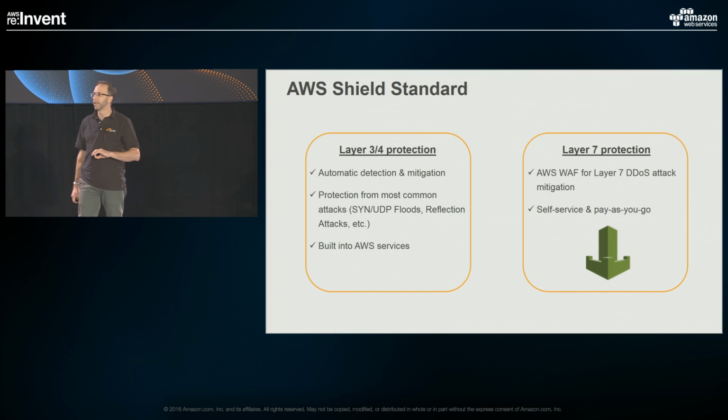And it's built into the AWS services that you already use. Now, if you feel that the basic protection is sufficient for your application and your needs, but you also want layer 7 or application protection, you can subscribe to AWS WAF separately. It's a pay-as-you-go service, and that's where you can configure your layer 7 protections.